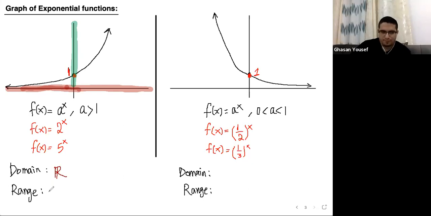Is it from 0 to where? To infinity. It's from 0 to infinity. Is the 0 included? No, it's open, because the curve here will be close to the x-axis, but will not touch the x-axis, so the 0 is not included. Make sense?